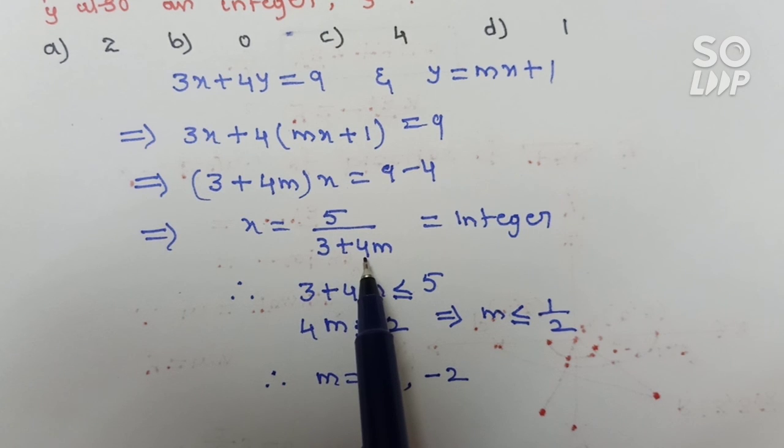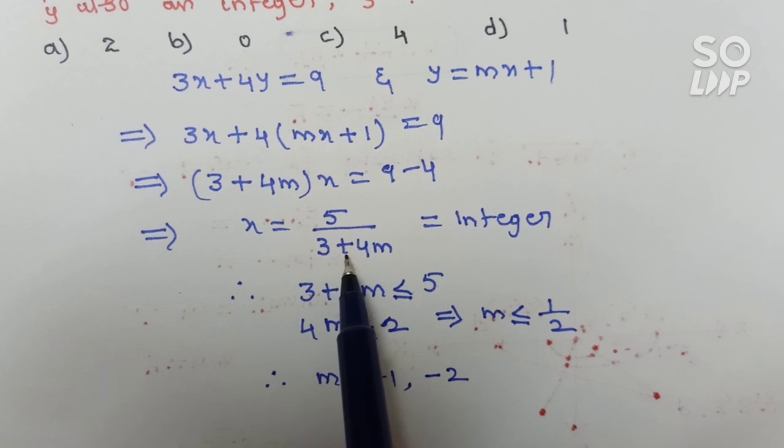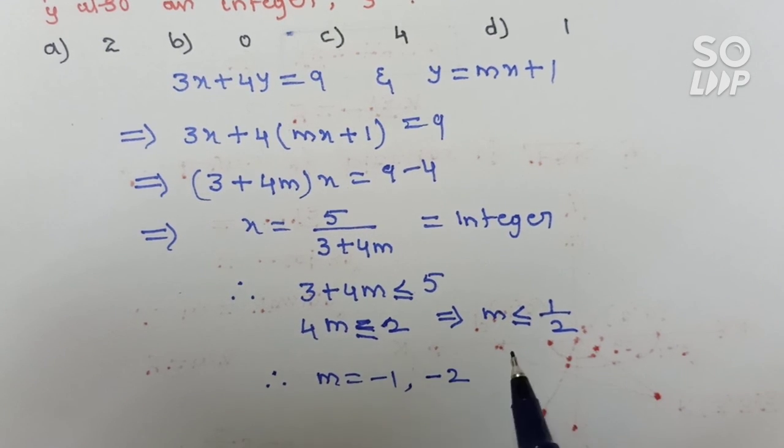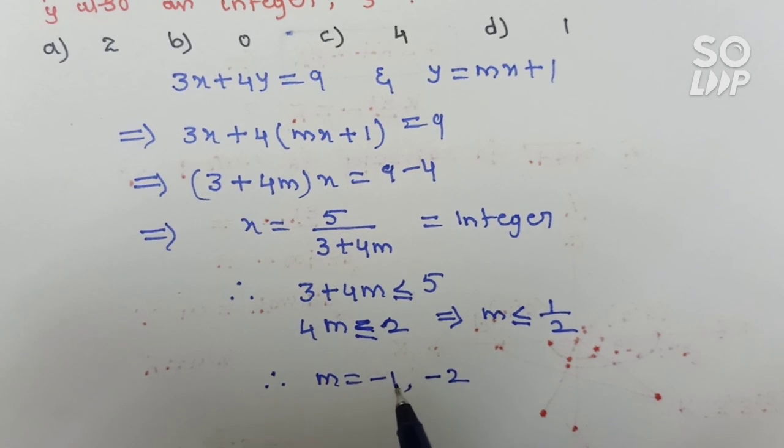Minus 3 here means 3 minus 12, that is minus 9, which is not an integer. So how many possible values of m? 2 possible values of m.